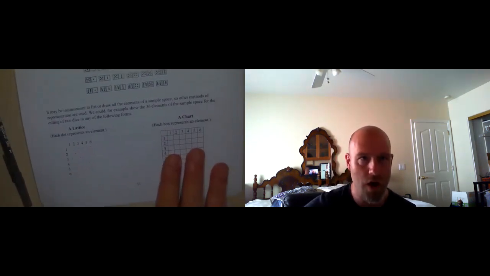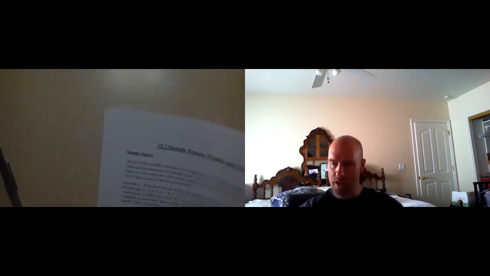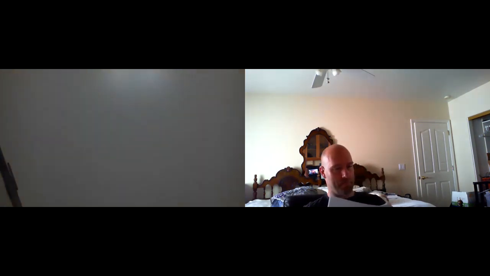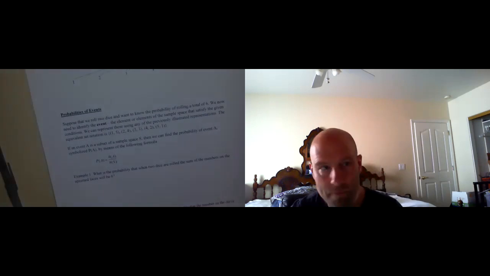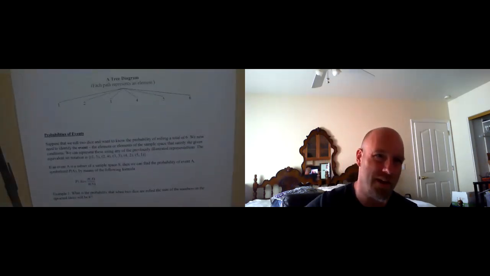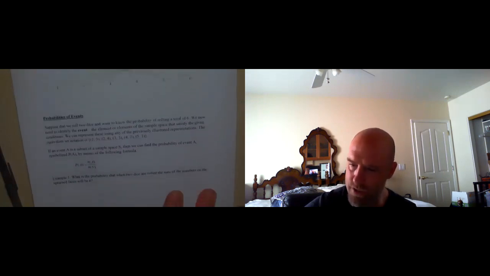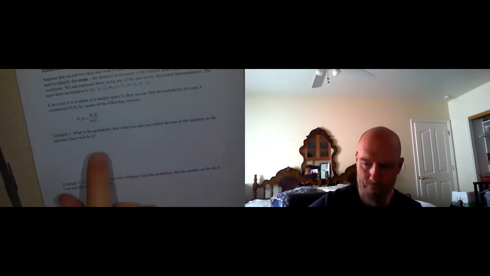We could do it in a chart where each box represents the element. We could do it in a tree diagram, any number of things that you've undoubtedly played around with in the past. Okay, let's jump in.